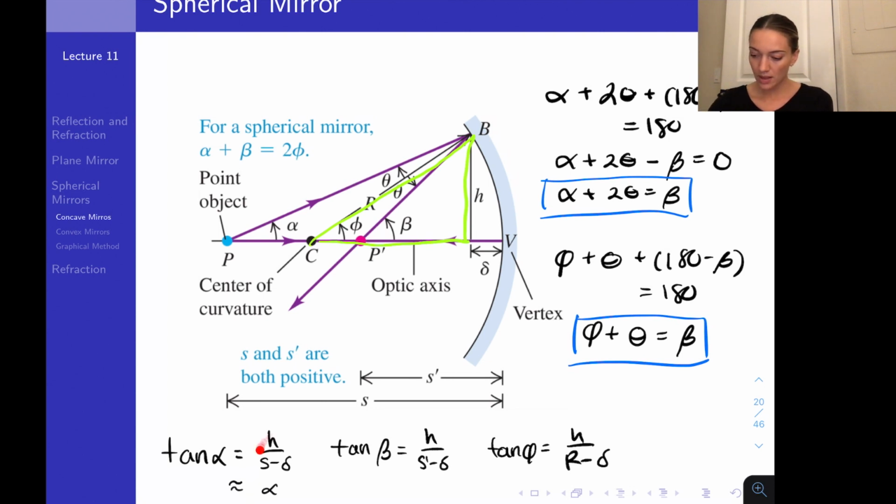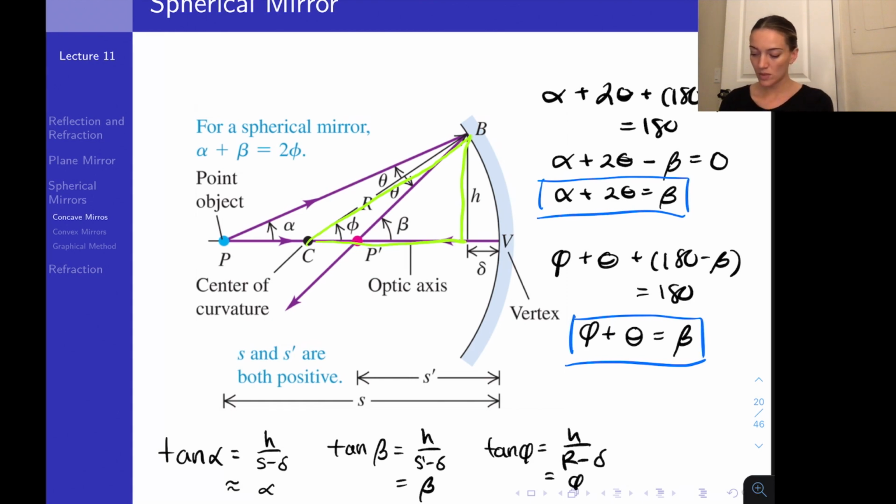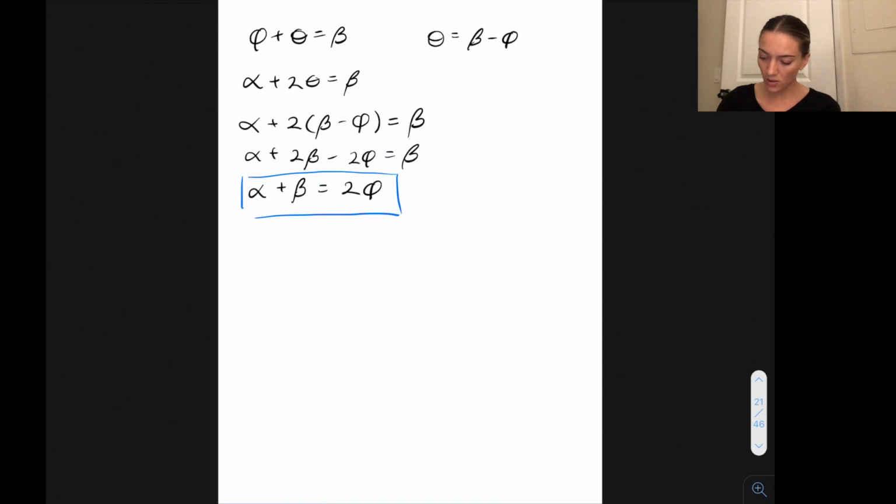So now I have H over S minus delta is equal to alpha, and then the same thing for beta and phi. Let me rewrite all of this here. H over S minus delta is equal to alpha. H over S prime minus delta is equal to beta. And H over R minus delta is equal to phi.